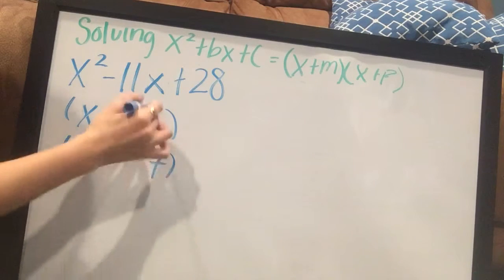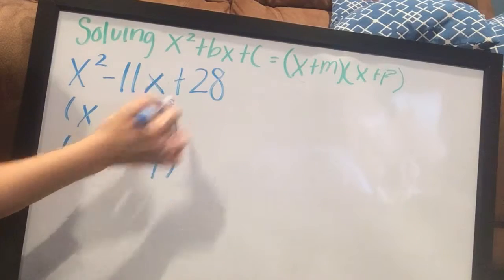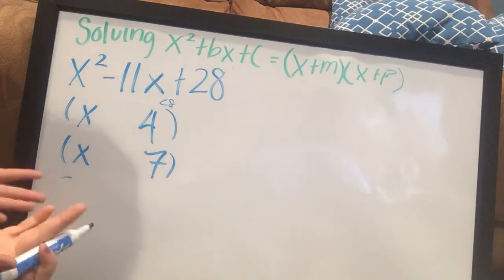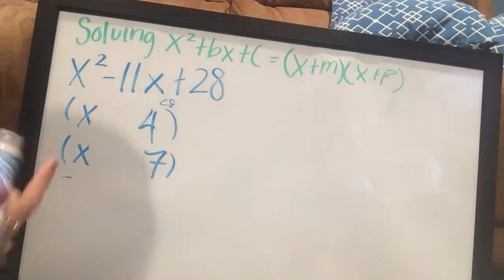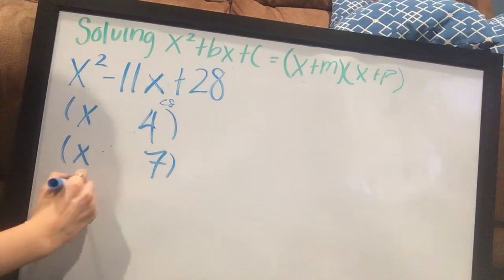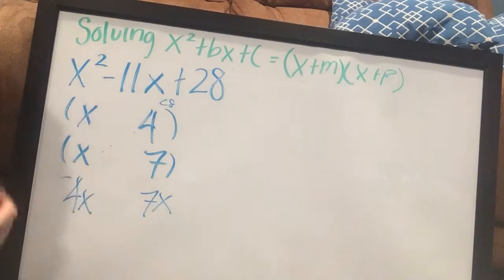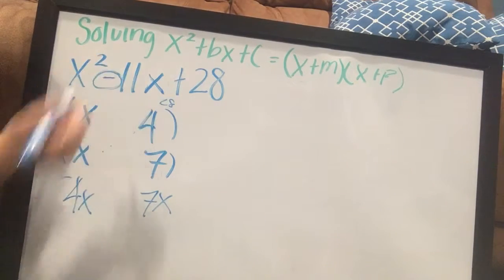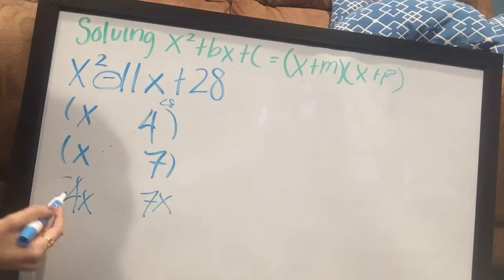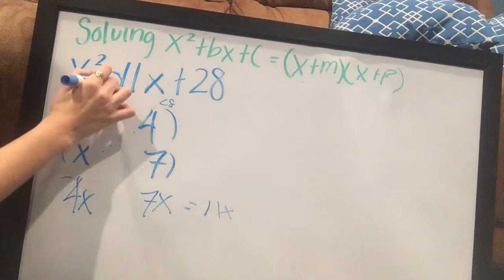4 and 7. So multiply up and down to figure out if it gives you 28. So 4 times 7 gives you 28. Now again, these could also be negative numbers. So multiply across. 4 times x gives you 4x, and x times 7 gives you 7x. Now, as we see here, the 11 has a negative. So if I add 4x and 7x together, they're going to give me 11x, but I want that to be a negative.